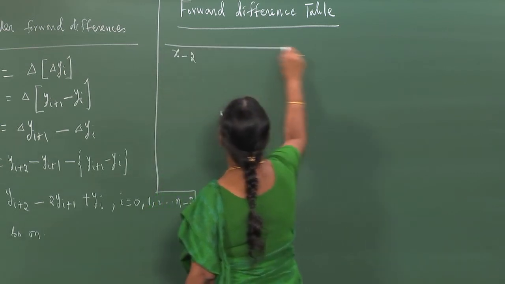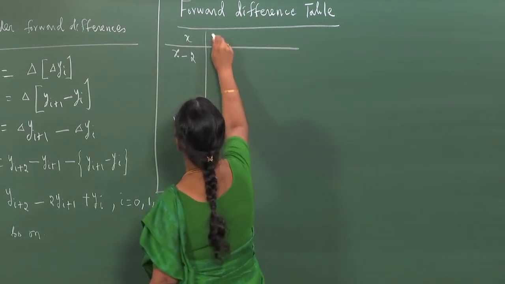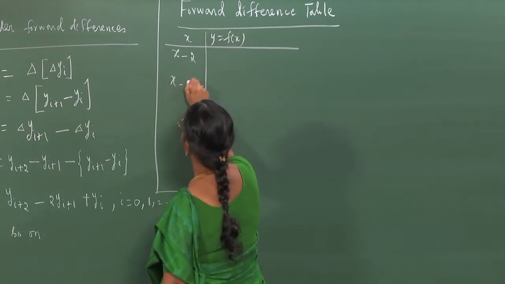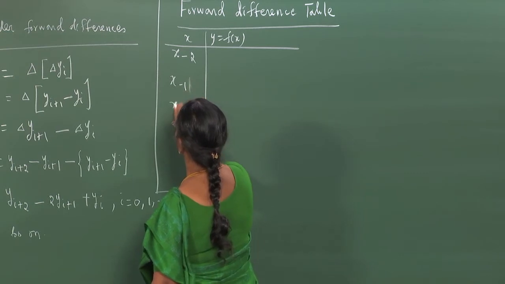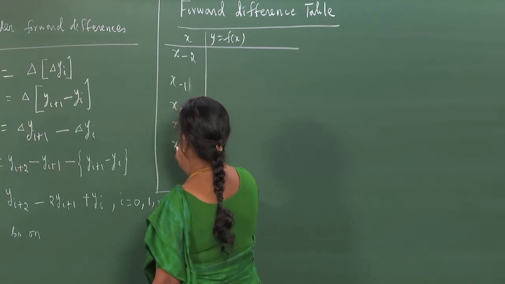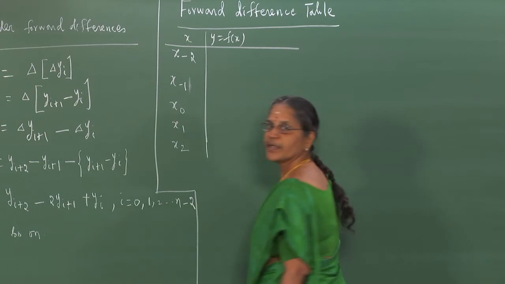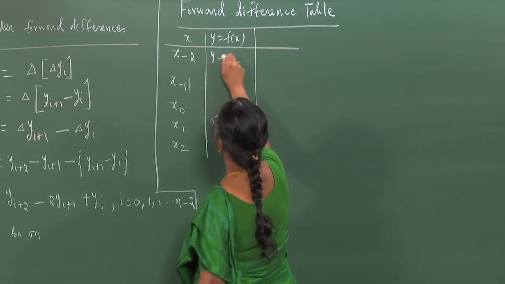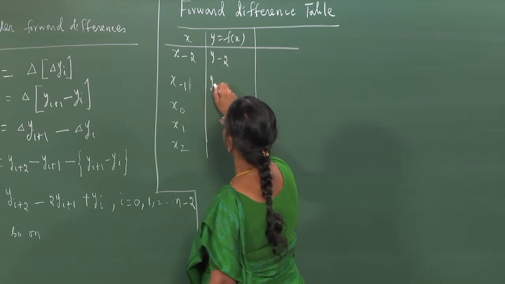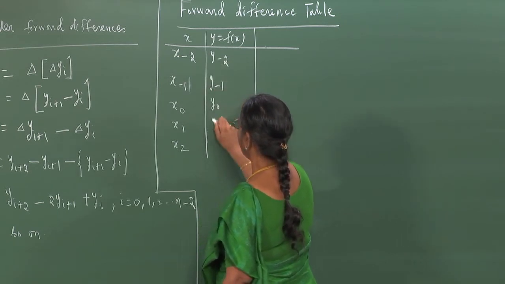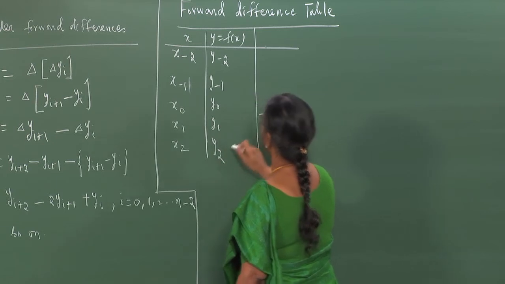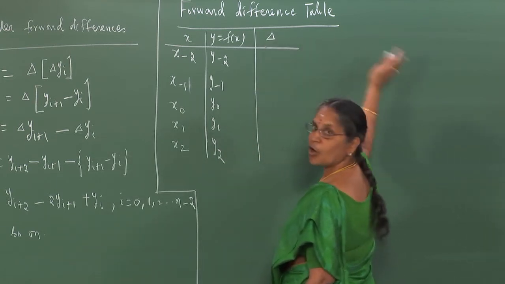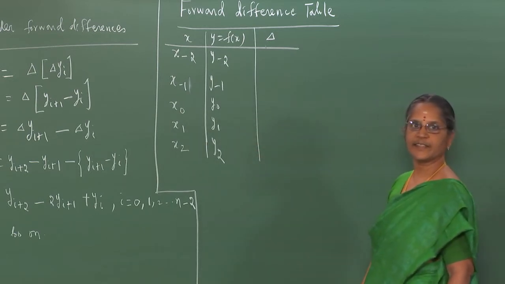So, let us be given the values of x and the corresponding values of y at a set of points say x minus 2, x minus 1, x naught, x1, x2. So, the corresponding values of y are denoted by y minus 2, y minus 1, y naught, y1, y2. So, we form the various order forward differences.